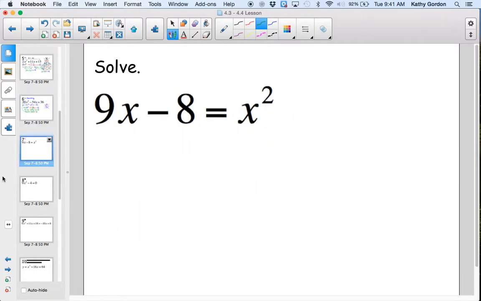All right. So what happens then when we say we want to solve instead of factor?